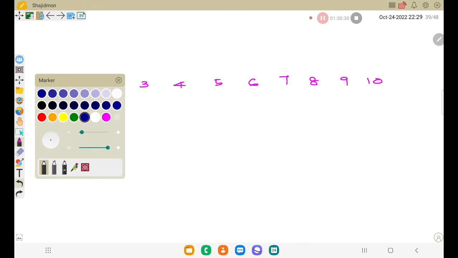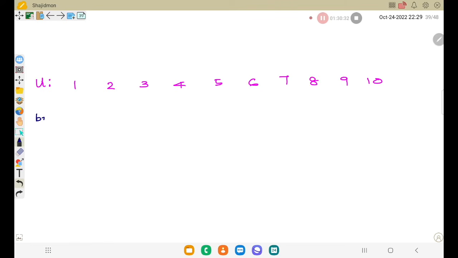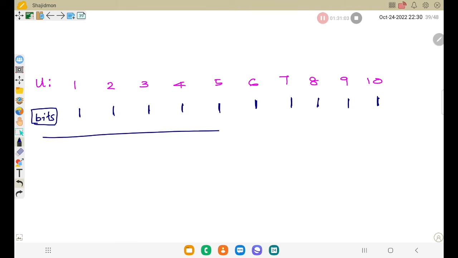Now, when we represent the universal set in bits, in computer representation, all bits will be 1, because all the numbers are present. This is the universal set as a string of bits, a string of 10 bits. So the universal set is always completely 1.